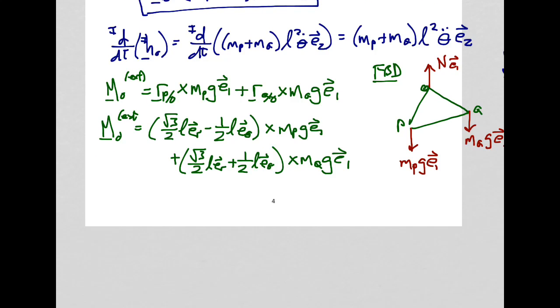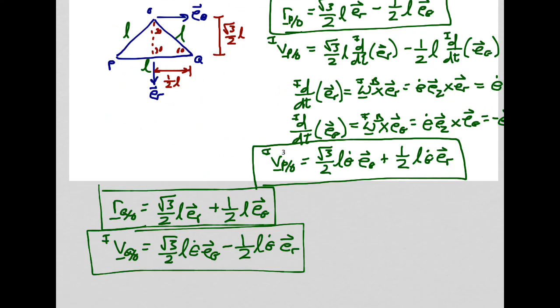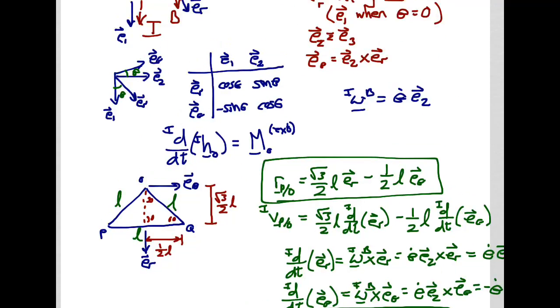And you can see that we have cross products that are in mixed bases. We have our ER, E theta, and then we also have an E1. So if we transform our E1 vectors into ER, E theta, we get from our transformation table that E1 is equal to cosine theta ER minus sine theta E theta.